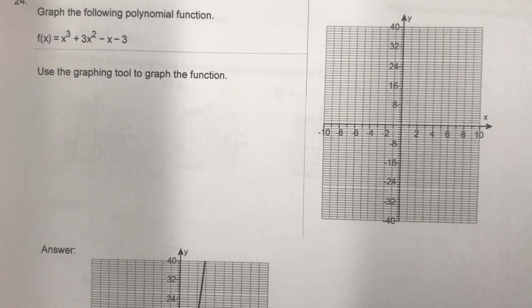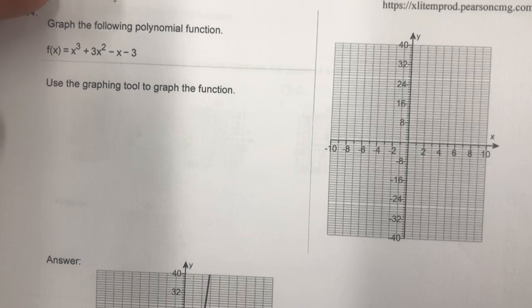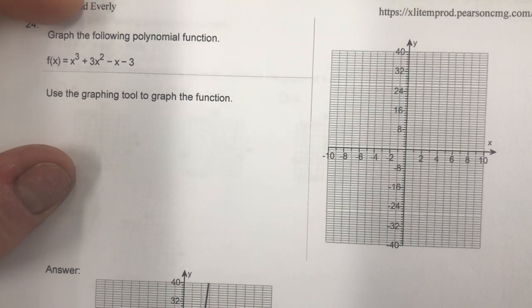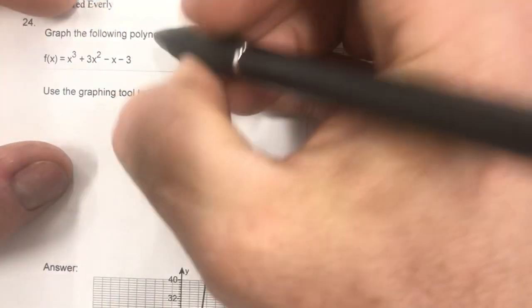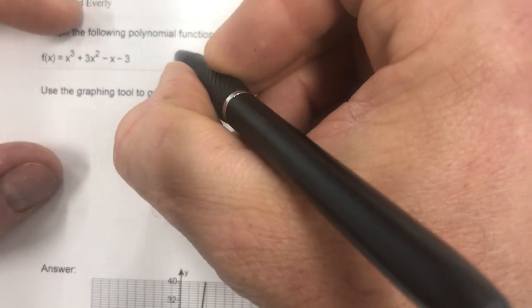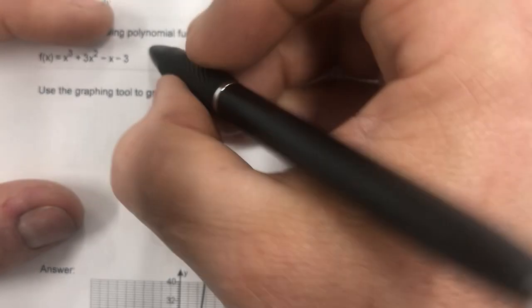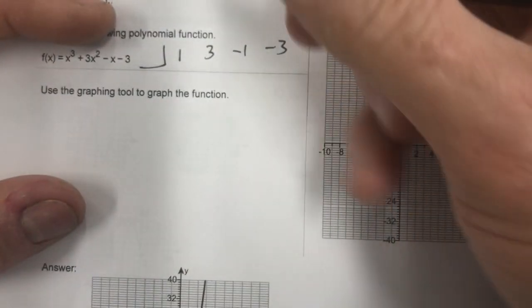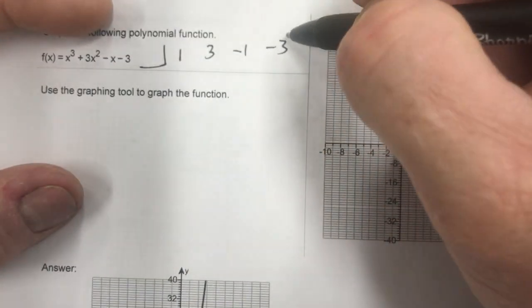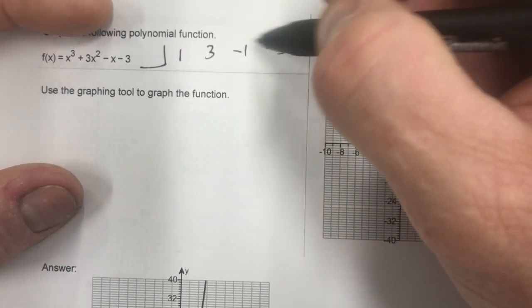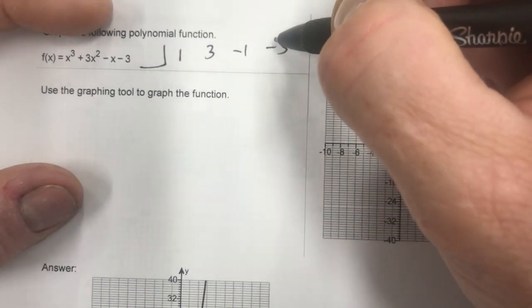Okay. All right, graph this polynomial. All right, so we need to find a 0 here, so let's go 1, 3, -1, -3. All right, I gotta see something here now. See how these are the same two as those, but the opposites.